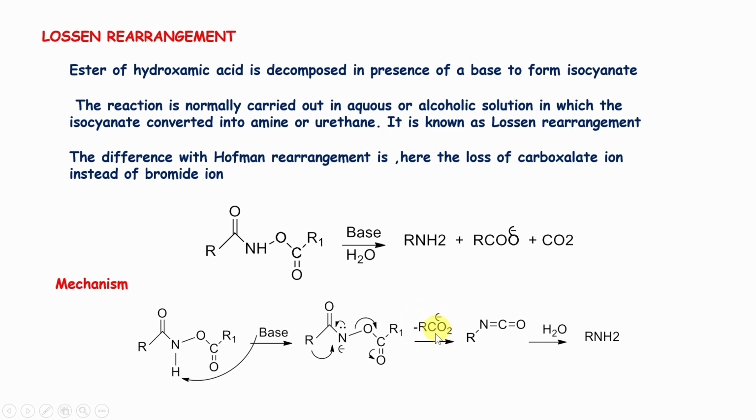That is the difference of the Lossen rearrangement from Hofmann's rearrangement, as we discussed. Then this alkyl group migrates to this nitrogen, forming the isocyanate. This isocyanate undergoes hydrolysis, forming primary amine. Okay, that is the mechanism of Lossen rearrangement.